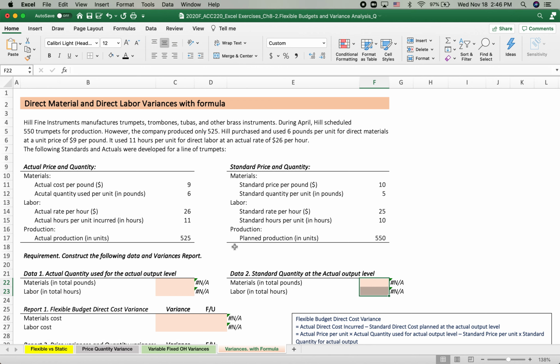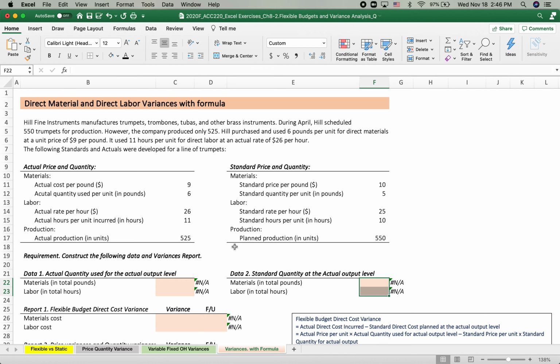Hill Fine Instruments manufactures trumpets, trombones, tubas, and other brass instruments. During April, Hill scheduled 550 trumpets for production. However, the company produced only 525, so we are going to use these 525 for the outputs.